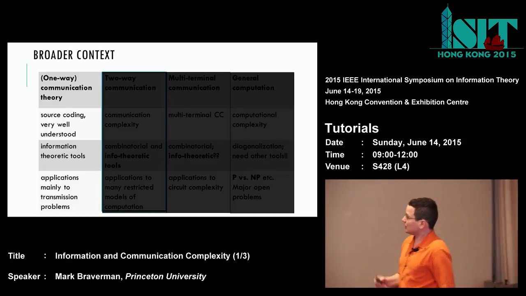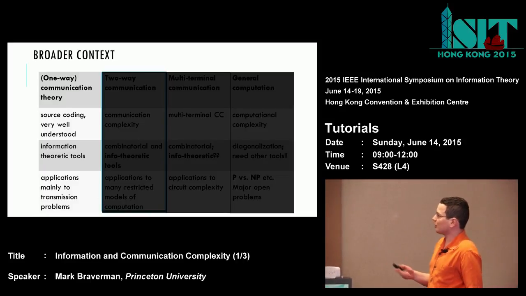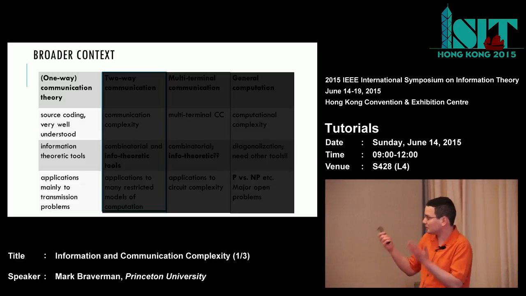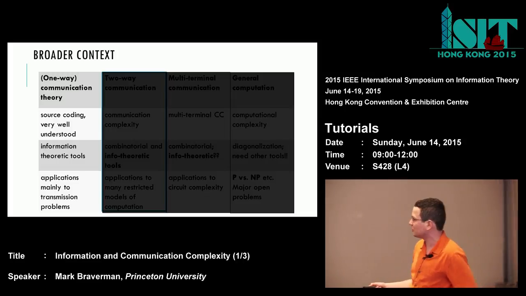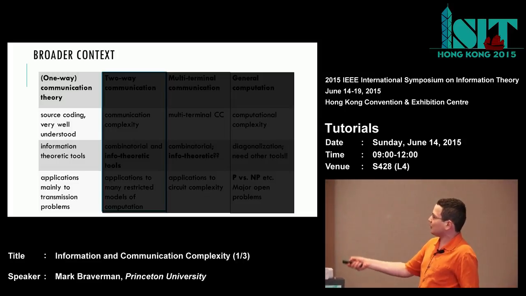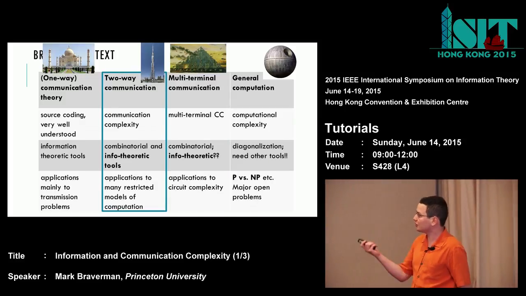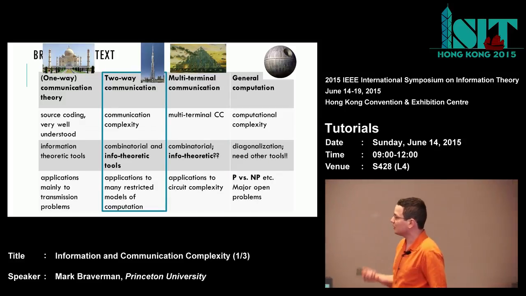OK, so now I want to talk about the broader context of where this is going. In my opinion, and it's a biased view, one-way communication theory is a classical theory, a beautiful theory. It's very well understood.